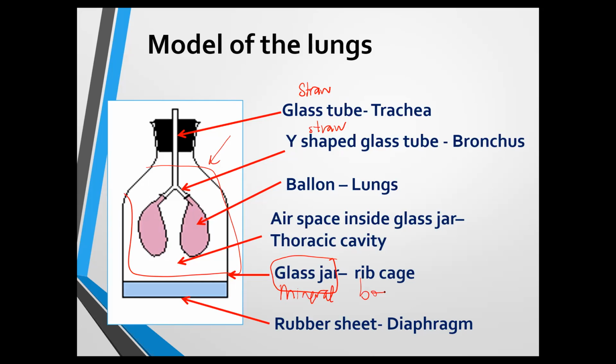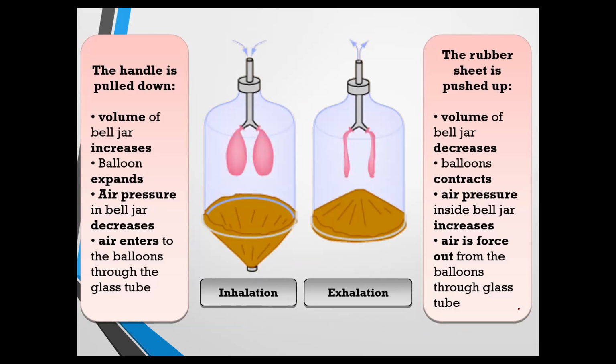Your rubber sheet, as your diaphragm, you can use a lot of things. You can actually use plasticine, all sorts of stuff. So teacher wants you to make a model of a lung.